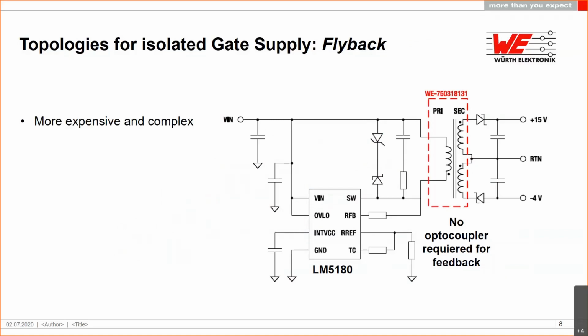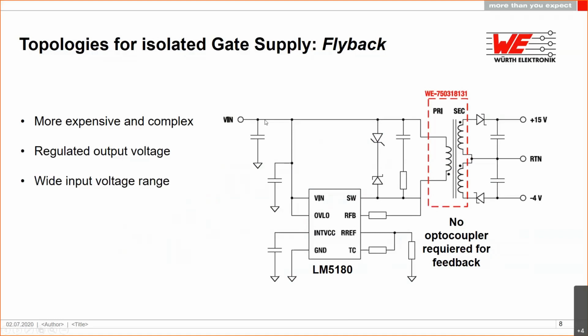The design uses, for example, the LM5180 from Texas Instruments. It's an open loop flyback converter, which needs no optocoupler, which leads to a very compact, easy and also very cheap design in the end. It's a little bit more expensive and a little bit more complex than a push-pull design, but it provides you a very tightly regulated output voltage. It has a wide input voltage range.